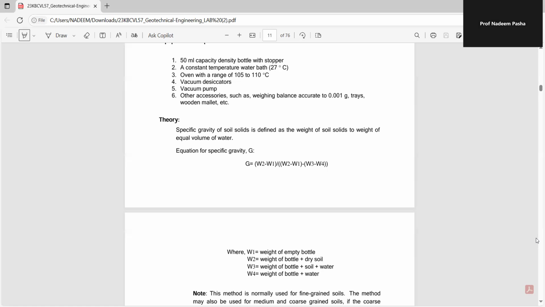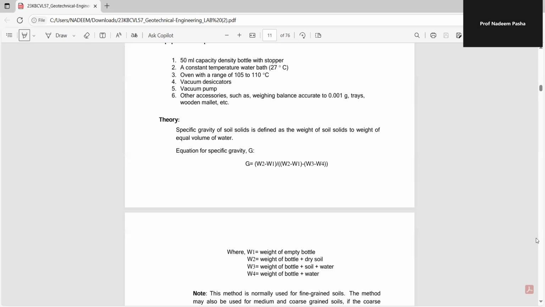Now the specific gravity is calculated using the formula. The specific gravity of soil solids is defined as the weight of solids to the weight of an equal volume of water. So the expression remains the same: G equals (W2 minus W1) divided by ((W2 minus W1) minus (W3 minus W4)). Now what is W1?